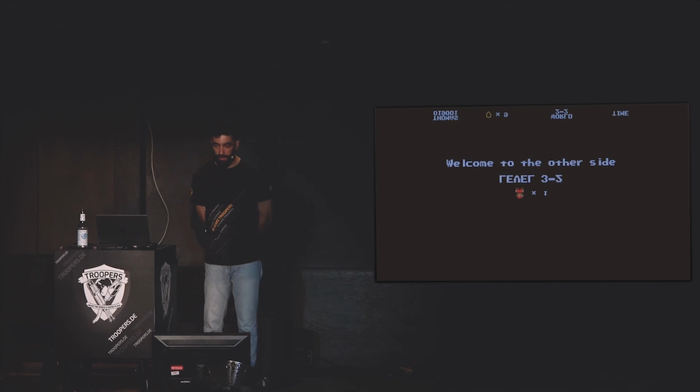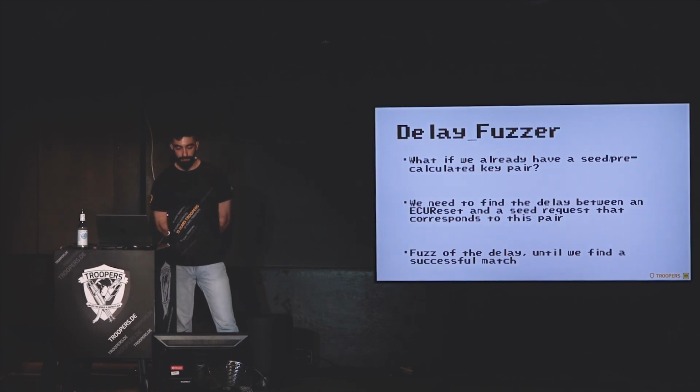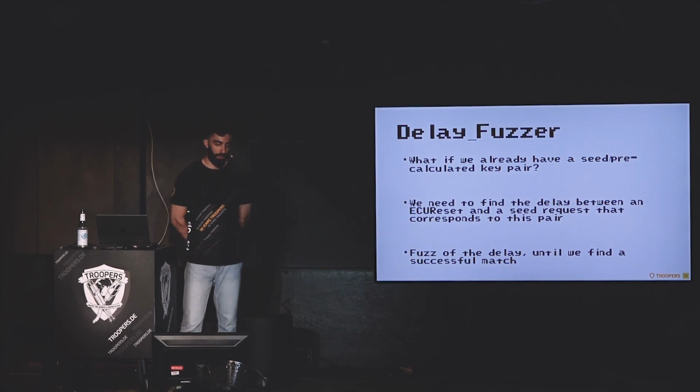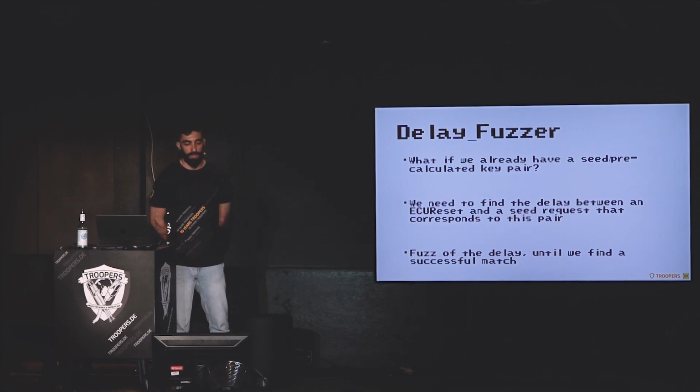And now, about our second tool, we have the delay fuzzer. We asked ourselves, what if we already have a seed and pre-calculated key pair? What happens next? These seed and pre-calculated keys can be, as discussed, leaked through forums.